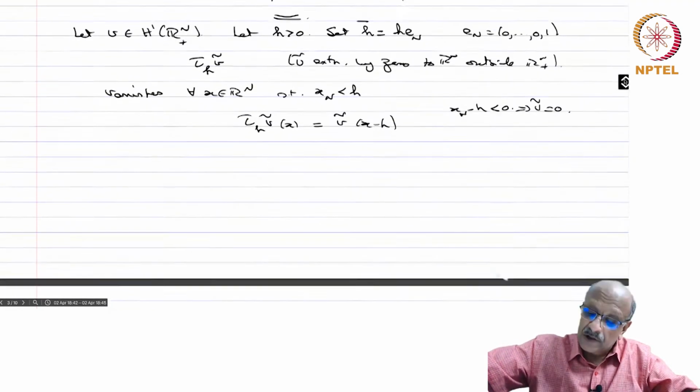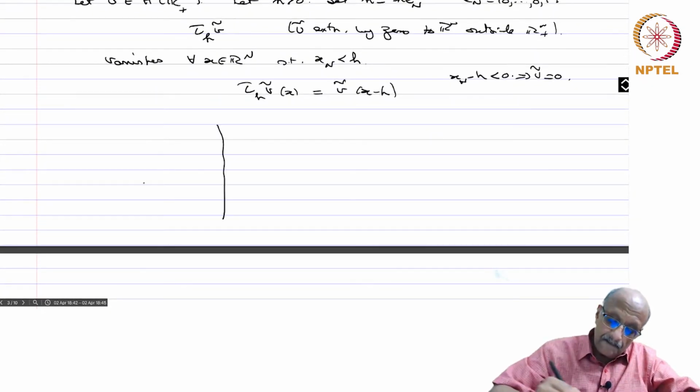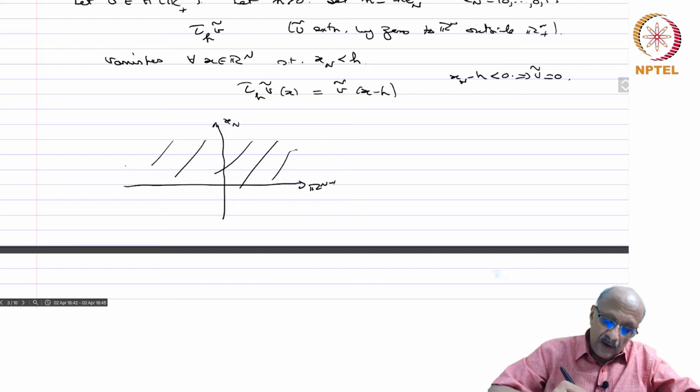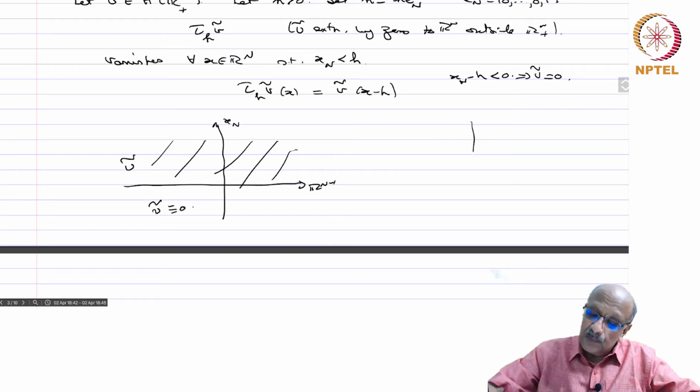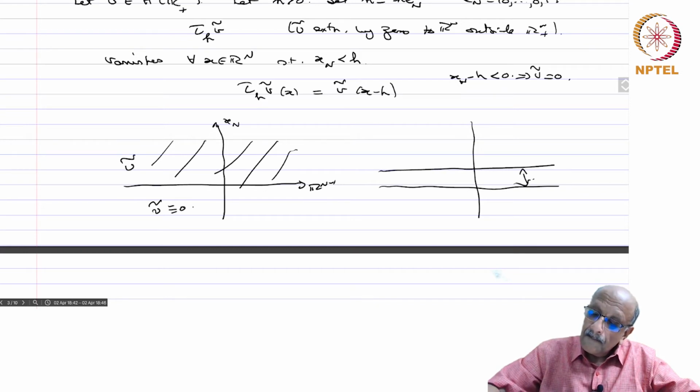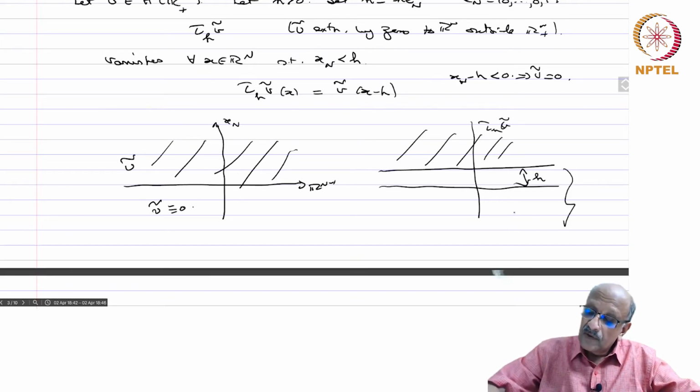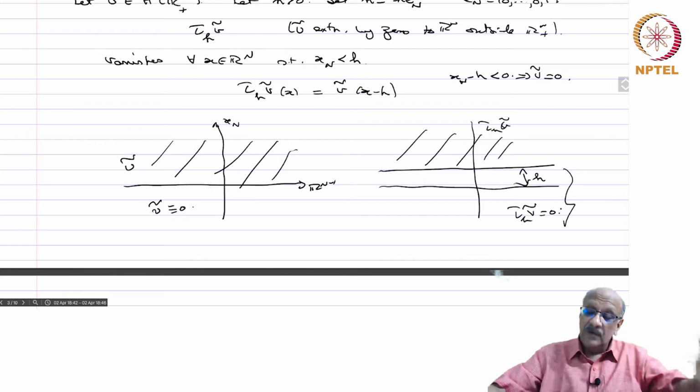We are just pushing the function. This is Rn minus 1, this is xn, and here we have v tilde and here v tilde is identically 0. When we push by distance h, this will be tau h of v tilde, which is 0 here.